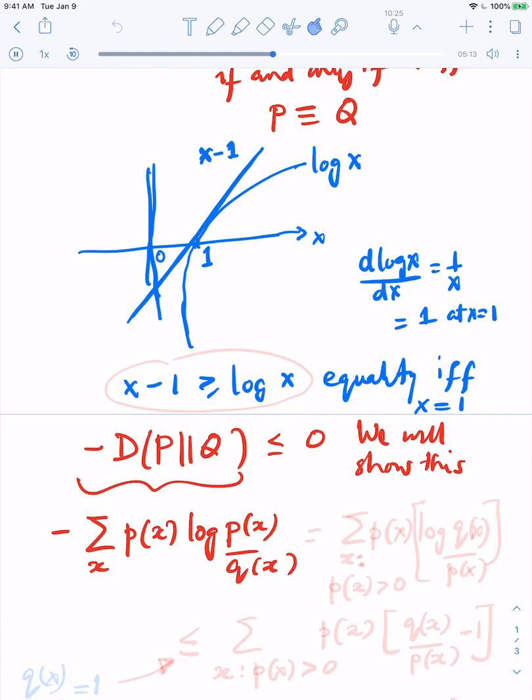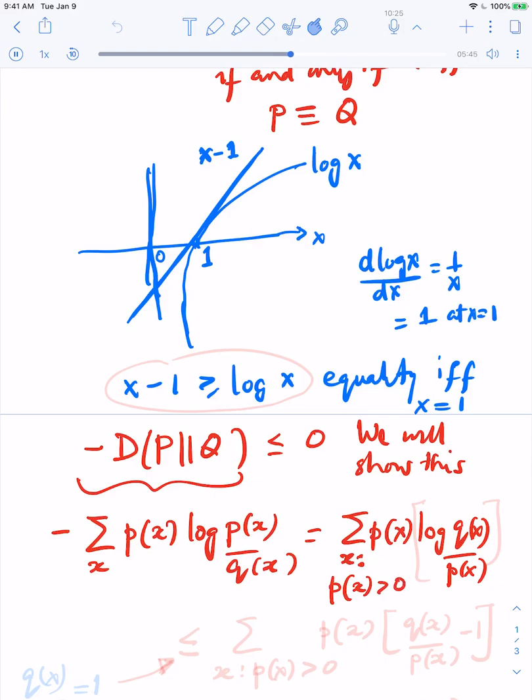When I take the negative sign inside the log, the numerator and denominator can be flipped. So I can write it as the summation over x of p of x log of q of x over p of x. And at this point, it's worth noting that because I'm averaging using the distribution p, I'm really summing over x such that p of x is actually non-zero.